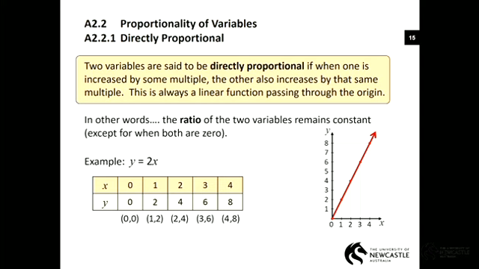Not like the height of a tree or whatever, it's linear. And we say, except for 0, 0, the ratio of the two variables remains constant. Like, what was the ratio here? Except for this, there's no ratio in 0, 0. 1, 2, 2, 4, 3, 6, 4, 8. They're all the same ratio. 1 to 2, 2 to 4, 3 to 6, 4 to 8. So that's directly proportional. Straight line through the origin.